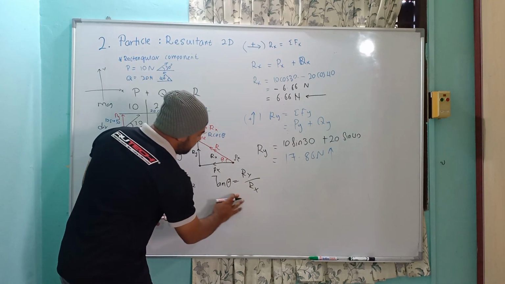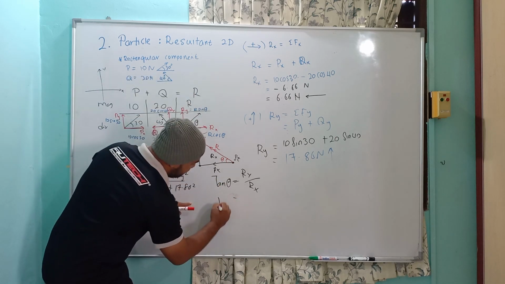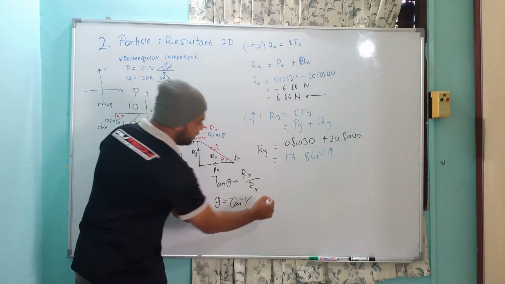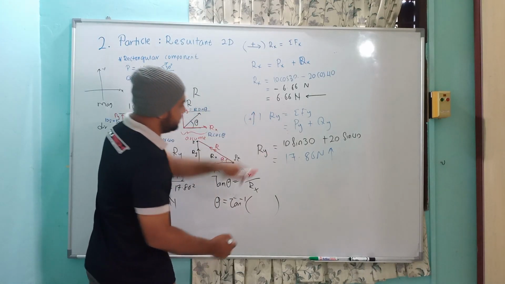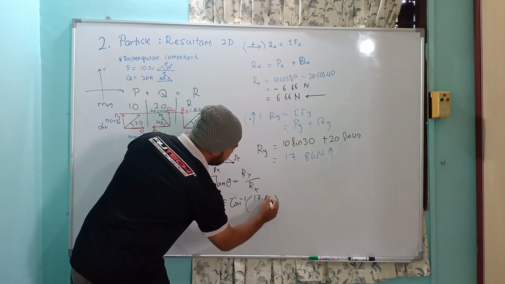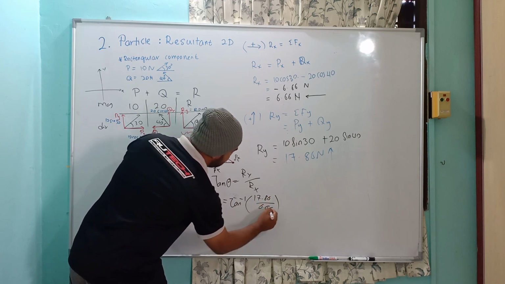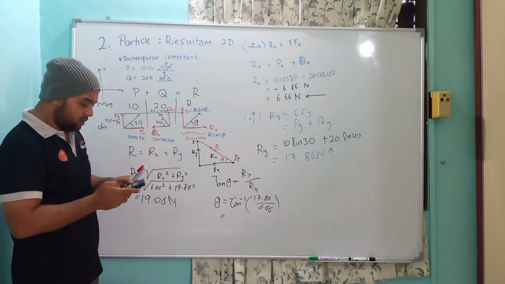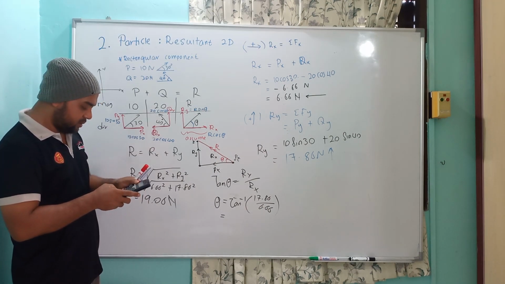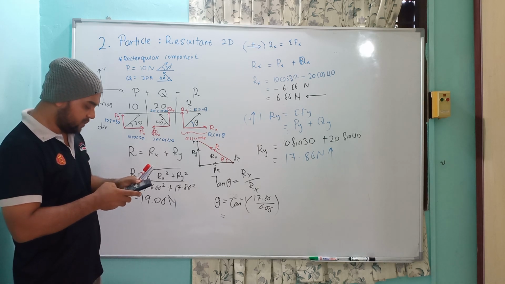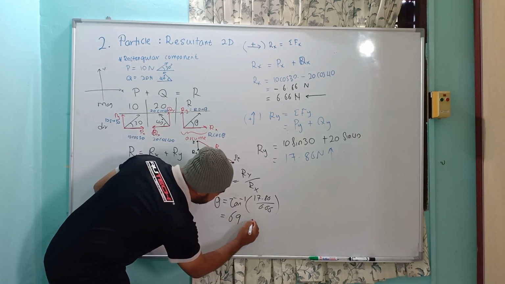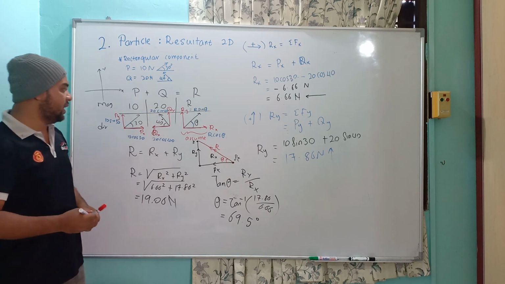You want the theta, so theta equal to tangent minus 1, Ry divided by Rx. Ry is 17.86 divided by 6.66. So tangent minus 1 of 17.86 divided by 6.66, you have 69.5 degrees.